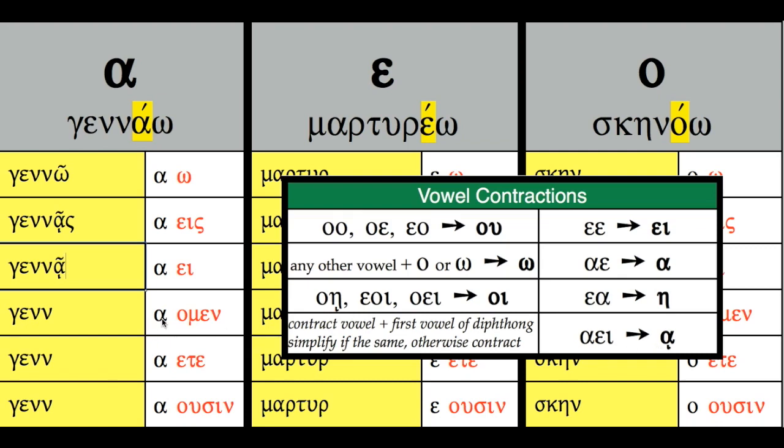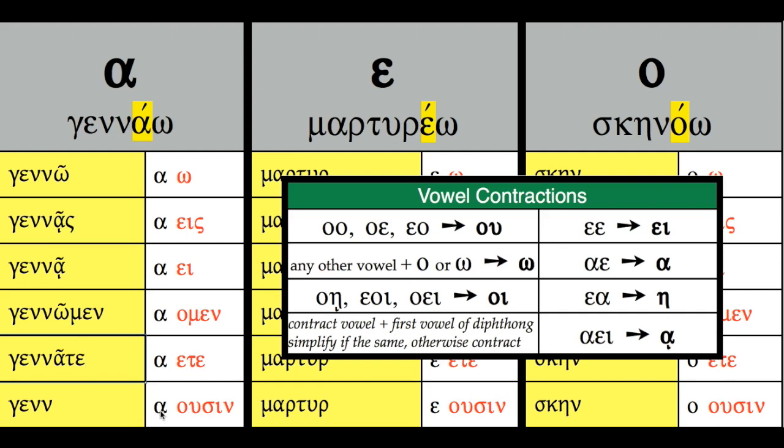Okay, what about amen? We have an alpha and an omicron. Well, it's an any other vowel plus an omicron rule, so we'll have an omega here. So this would become gan omen, like that. What about alpha epsilon? See the contract here? Gan a eta. Alpha epsilon just becomes an alpha. So we do, oops, get my te, like that. Ganata.